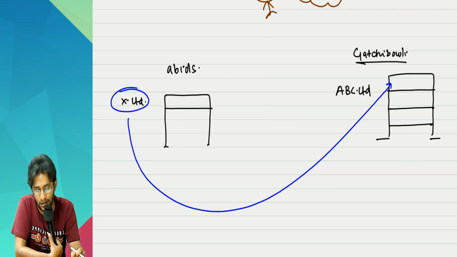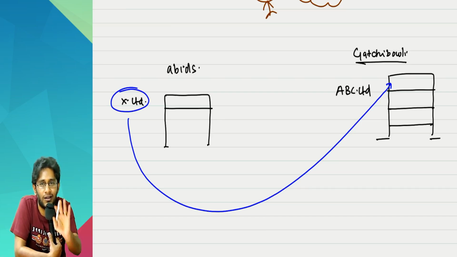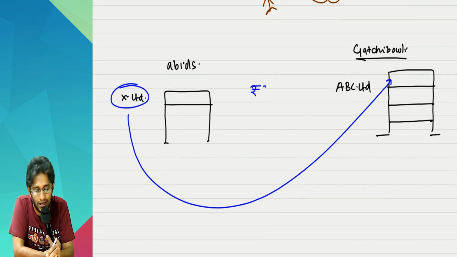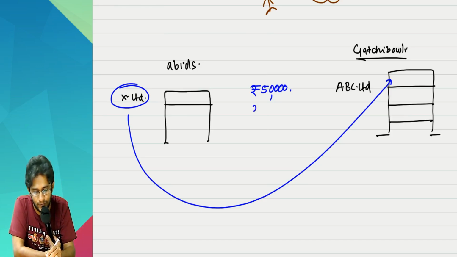X Limited says, sir, if I have to relocate, I have to cancel the existing lease agreement. If I have to cancel that, I have to pay a penalty. A penalty is difficult for me, sir. ABC Limited says, penalty, I will pay. I will reimburse you. Then X Limited said that, sir, all my chairs, tables, computers, manpower, all these have to shift from there to here, sir. That also, okay, ABC Limited pays.